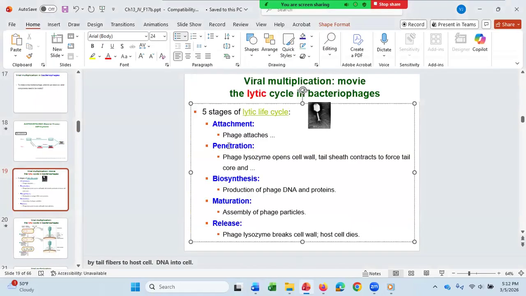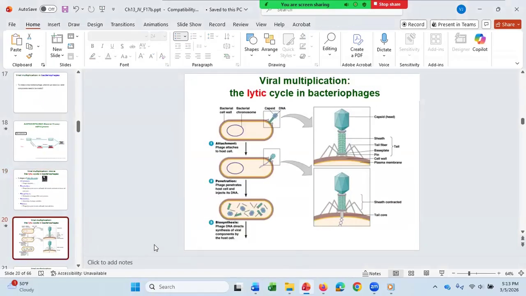So the first stage is attachment, where the phage actually attaches to the host cell. The second stage is penetration, where you saw in the movie that a little bit of the cell wall is dissolved right here, but actually it happens because the virus produces the enzyme lysozyme right here only.